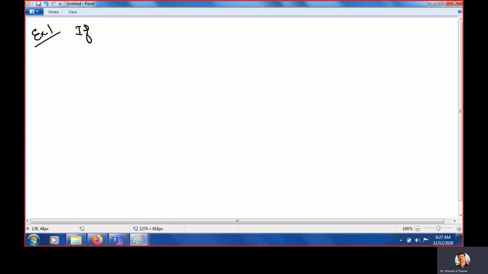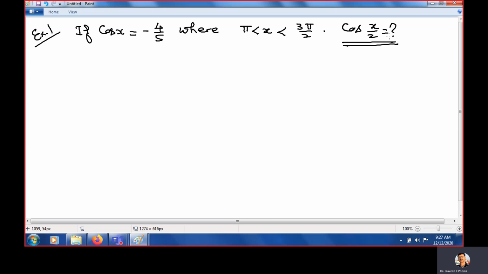If cos x is equal to minus 4 upon 5, where a condition is given on x, pi is less than x is less than 3 pi upon 2. What we need to find? We need to find cos x upon 2. Clear? So the condition is given, because we need to find cos x upon 2.